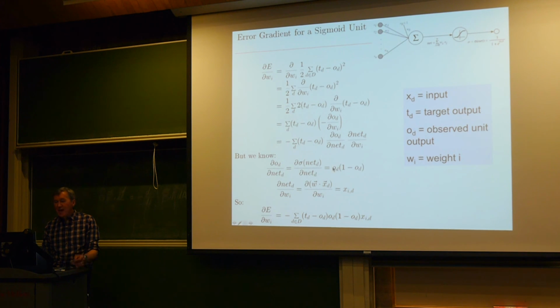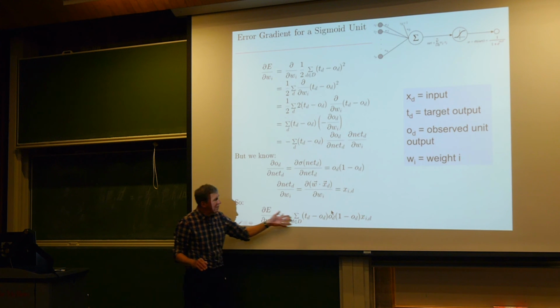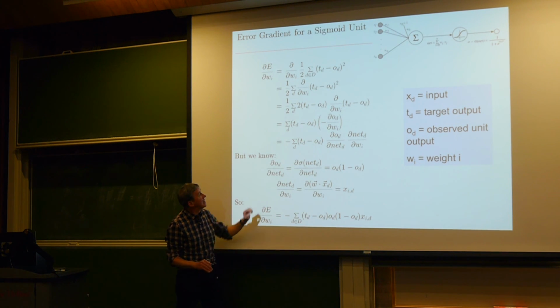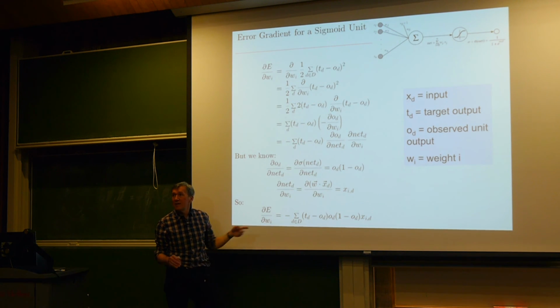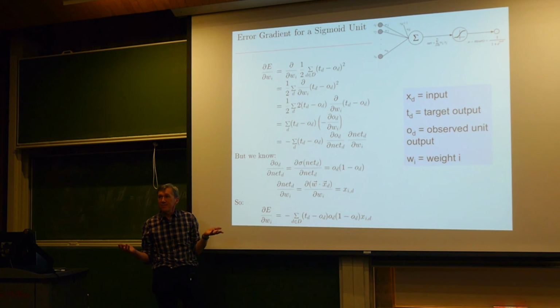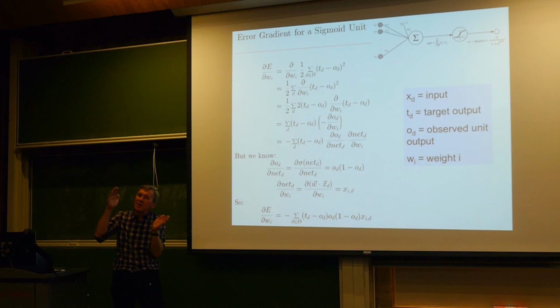And now we can take advantage of that nice property I mentioned about the sigmoid function, that its derivative is just its output times 1 minus its output. And so eventually that gives us this very simple formula for the gradient of the squared error with respect to weight Wi of the unit. So that's it for a single unit.